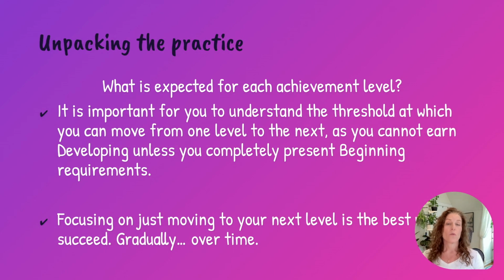The whole idea is for you to understand how you earn a particular achievement level before moving to the next one. There's a band of proficient: you just made proficient, and then there's you just missed advanced. That's true for all of the levels. So make sure you understand what's required. You may be missing a lot of it, or you may be missing just a little bit.